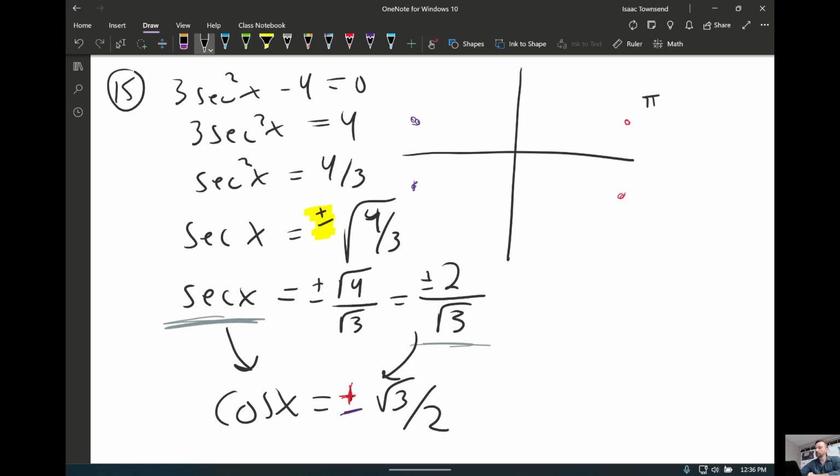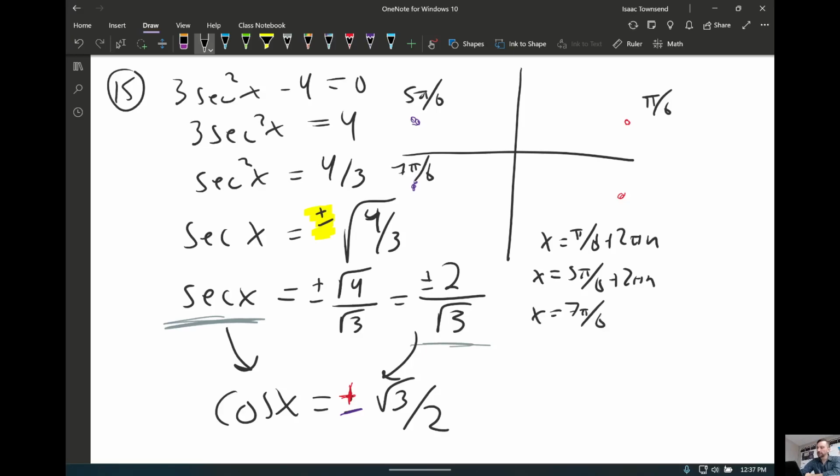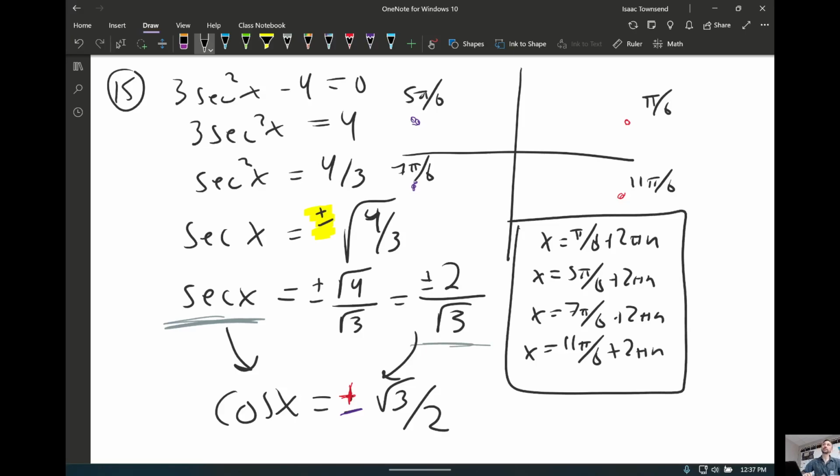So your answer could be pi over 6 plus everything coterminal, 5 pi over 6 plus everything coterminal, 7 pi over 6 plus everything coterminal, and even 11 pi over 6 plus everything coterminal. Those 4 statements would get you full credit on the quiz.